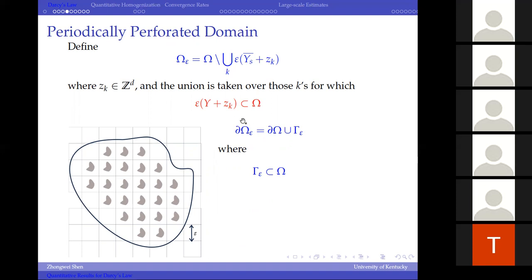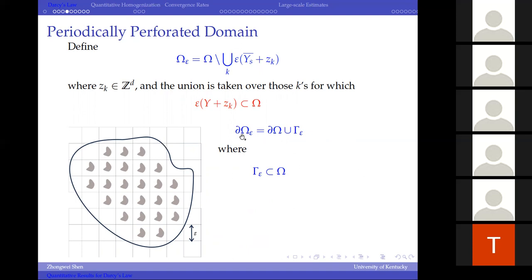For each cube of size epsilon which lies entirely in the domain, we remove an obstacle of size epsilon, rescaled. If the cell touches the boundary of omega, we do not remove an obstacle. In this way, we have the whole boundary of omega intact.